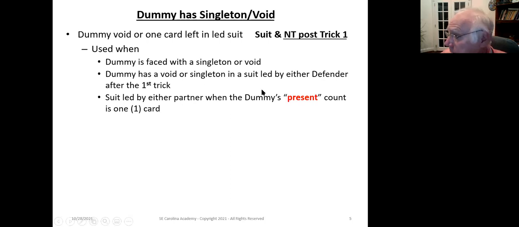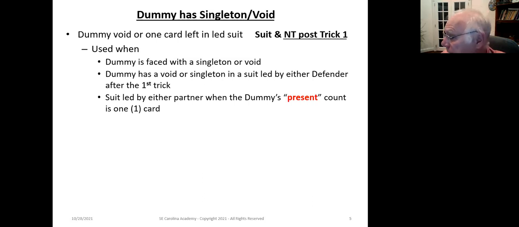Now the dummy started out with 2. So on the first trick, the first card is played. Your partner then leads the king. Now the dummy only has 1 card. The present card in the dummy is 1 card, so that's a singleton.